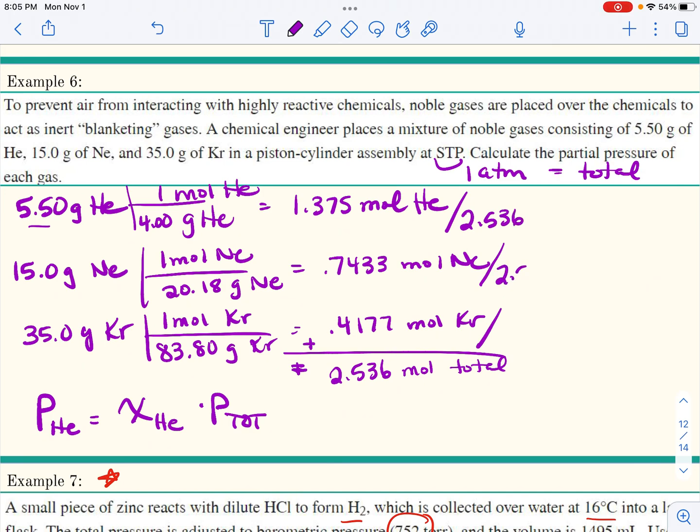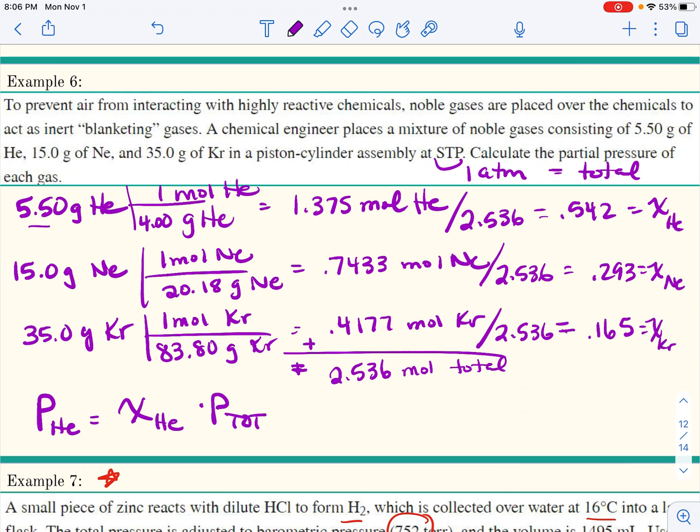So 2.536, 2.536, 2.536, and this gives me mole fractions of 0.542, and this one would be 0.293, and this one would be 0.165, and those are my mole fractions: the mole fraction of helium, the mole fraction of neon, and the mole fraction of krypton.